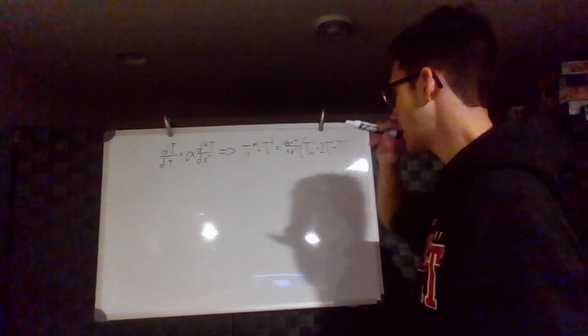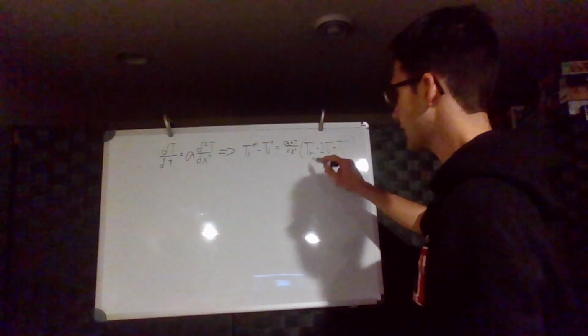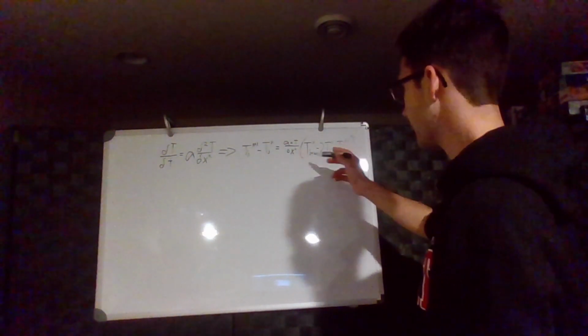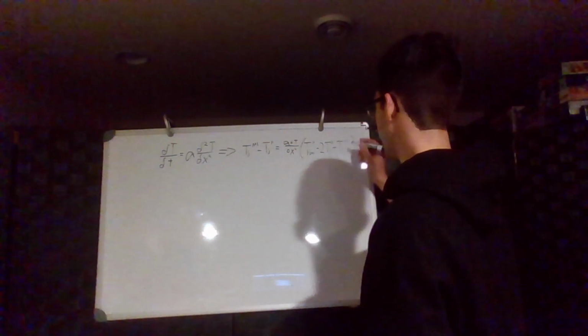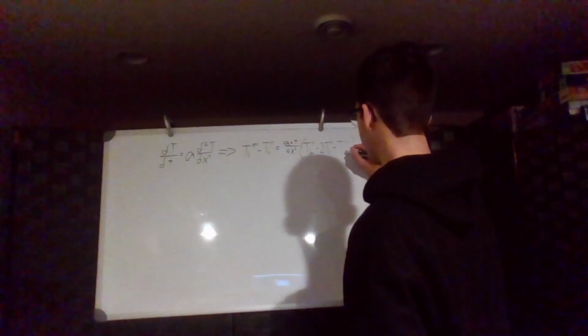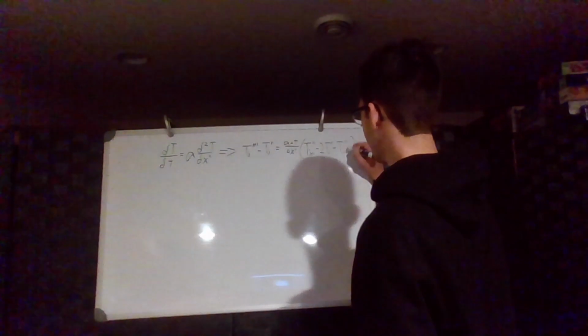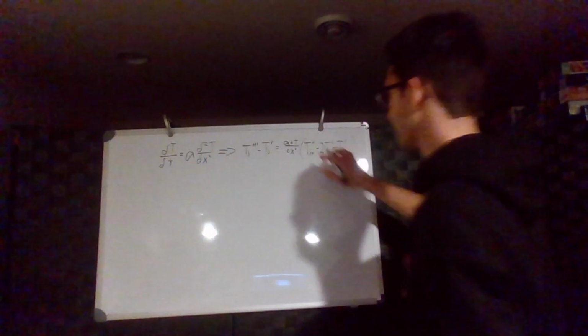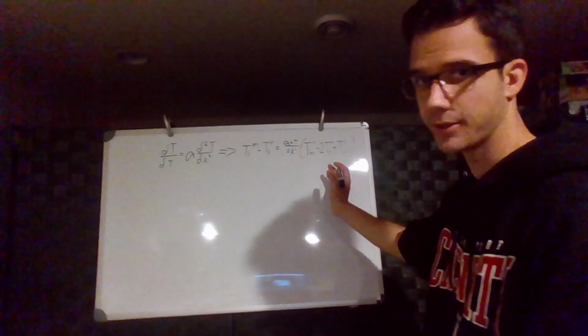This is supposed to be Tj minus 1 here, and not n minus 1.